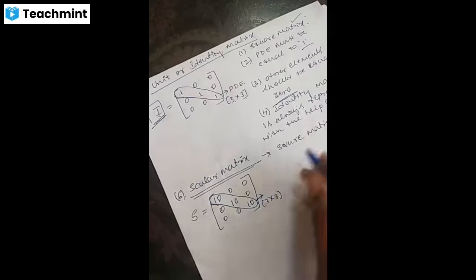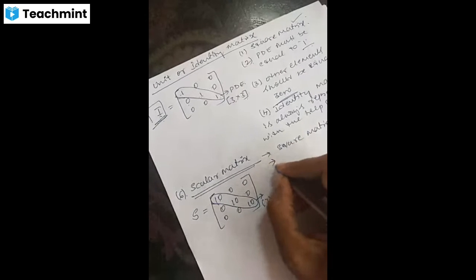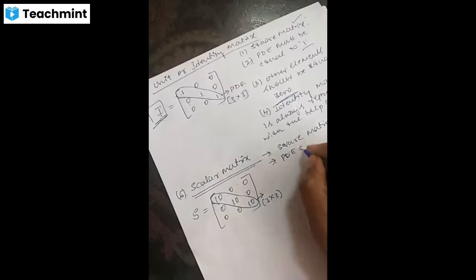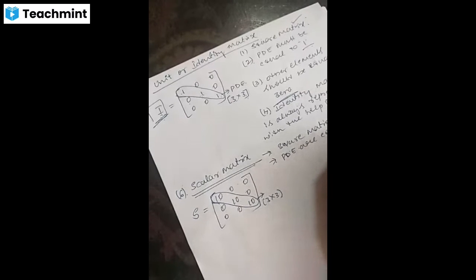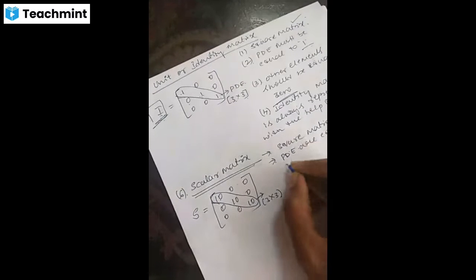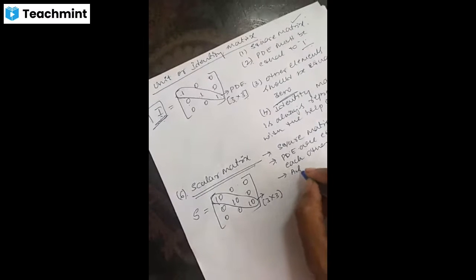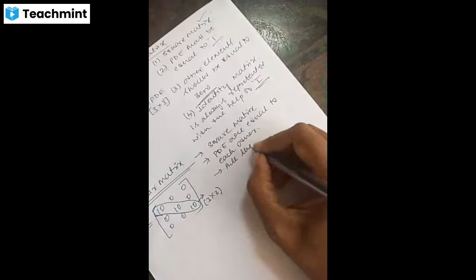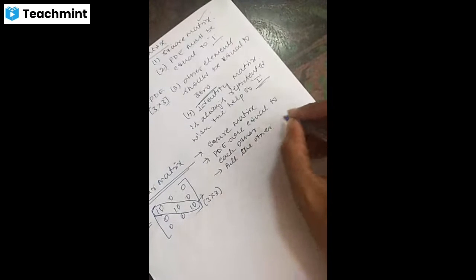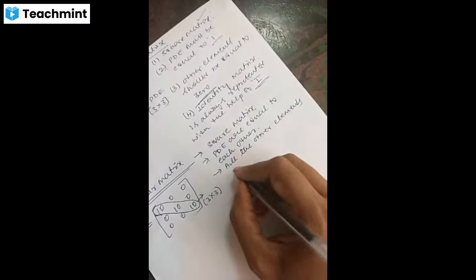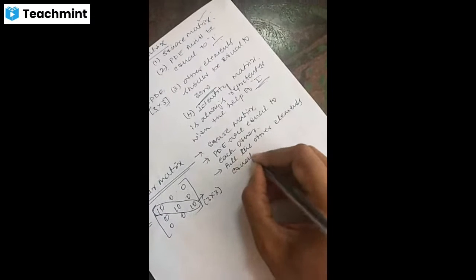A scalar matrix is a square matrix in which the principal diagonal elements are equal to each other and all the other elements are equal to 0.